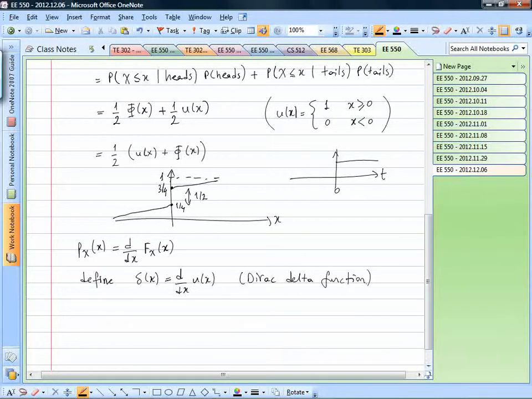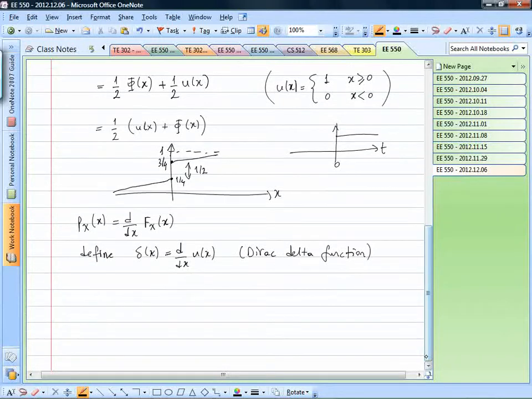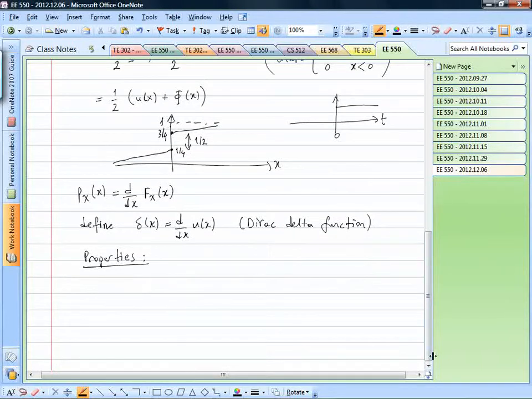Okay, so when you have a point mass, you get a delta function at that point. And let's write down the properties of the delta function for those of you who haven't seen this. I'm going to summarize the properties. So basically, number 1, the Dirac delta function integrates to 1.